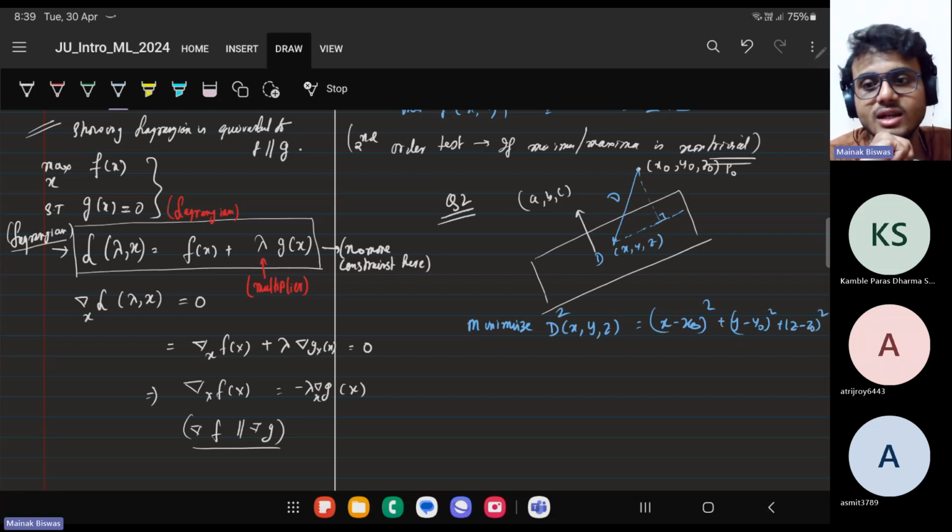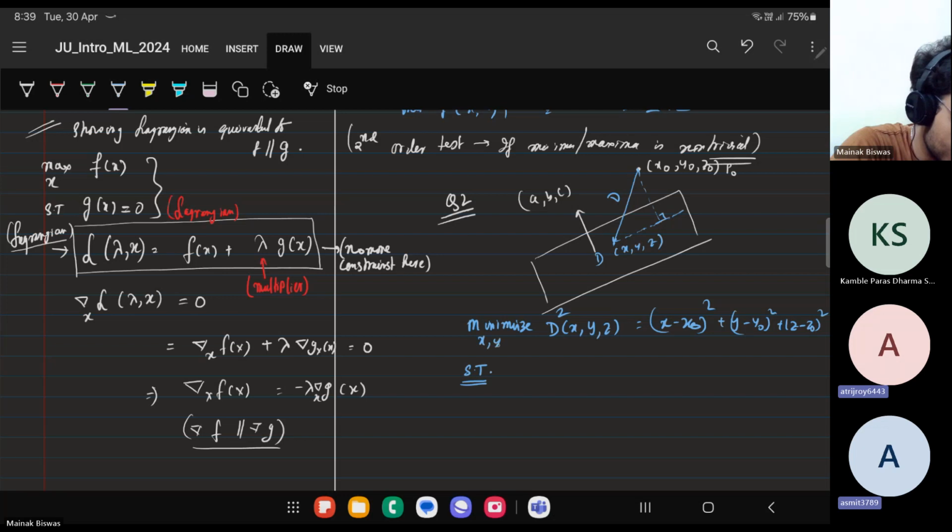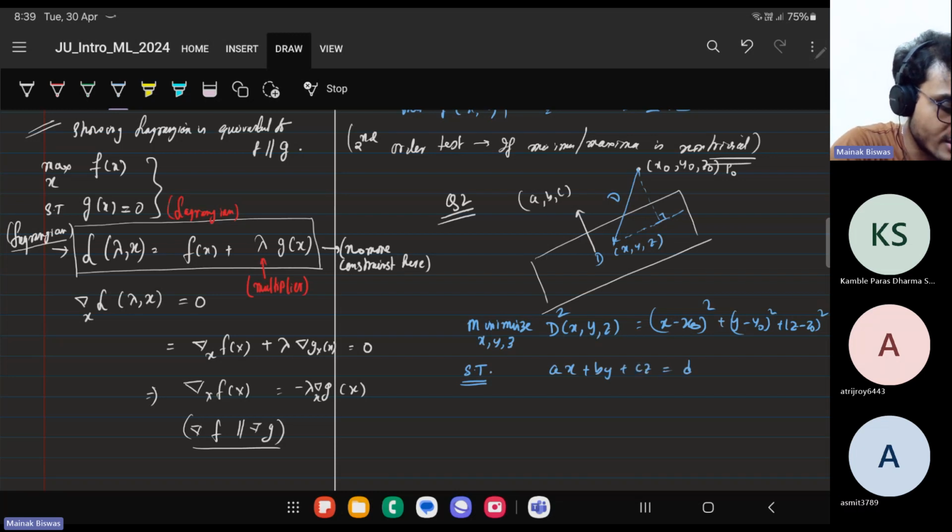And what is the constraint that you have? Subject to, what is the constraint? So this is the objective. x, y, z satisfies, lies on the plane: ax plus by plus cz equal to d. This is your constraint, right? Clear?